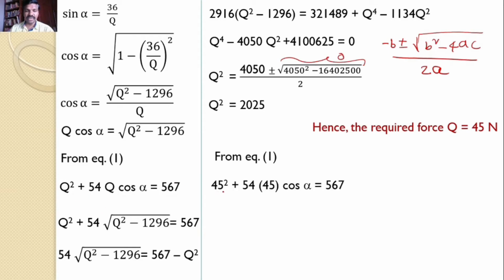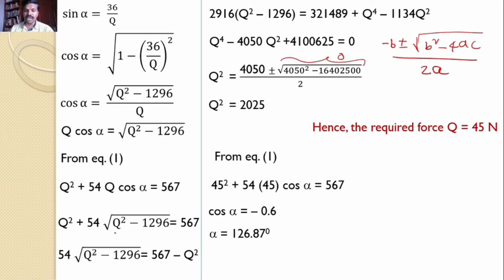Then it becomes 45 square plus 54 into 45 into cos alpha is equal to 567. The only unknown is alpha now. You can simplify this and you will get cos alpha is equal to minus 0.6. Accordingly, alpha value is equal to 126.87 degrees.